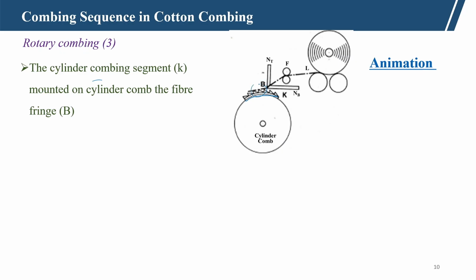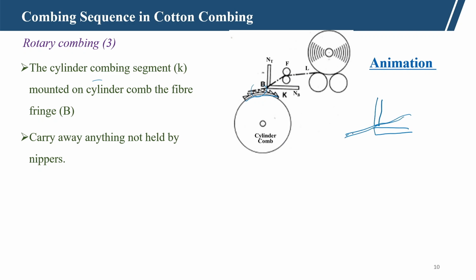B is the projected fiber fringe, and that portion will be combed. Suppose this is the top nipper, here is the bottom nipper, and this is the fiber fringe B.